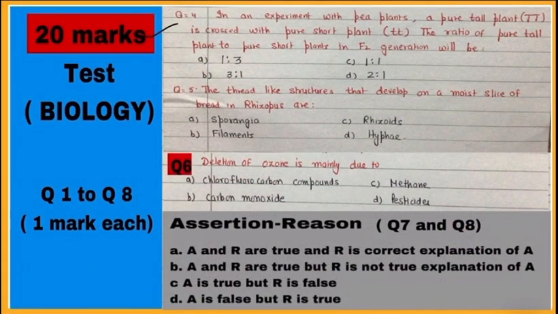Question number 4. In an experiment with pea plants, a pure tall plant T is crossed with pure short plant t.